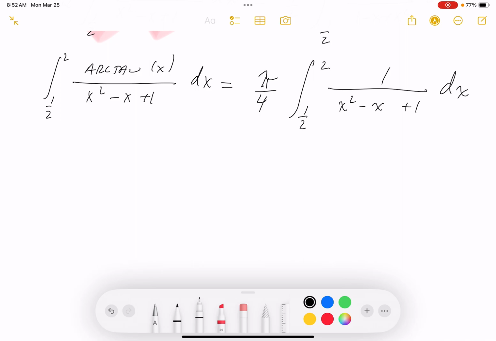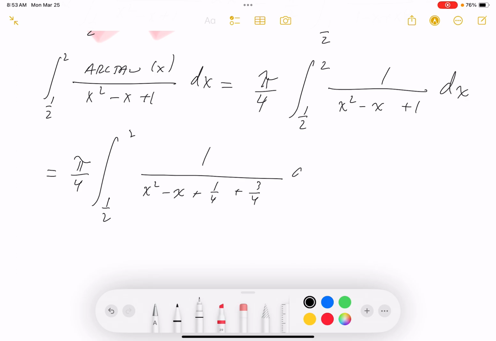Well, I got to do some work, don't I? And the work I have to do is, I'm going to complete the square on it. And I'll put this over here, pi over 4, integral from 1/2 to 2 of 1 over x squared minus x. So half of minus 1 is minus half. You square it, get a quarter. So plus 1/4, and I want a 1, so that's going to be 3/4 now.